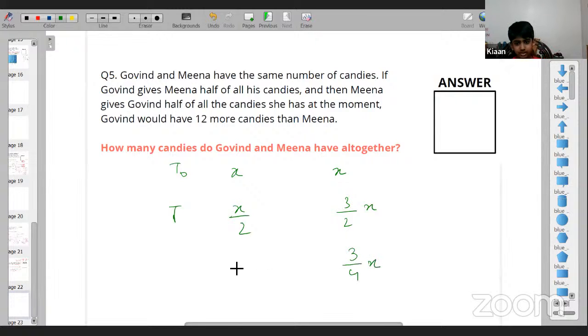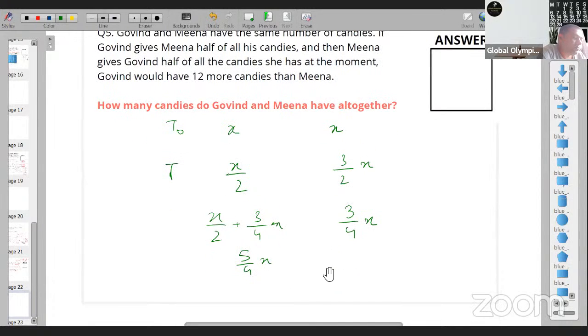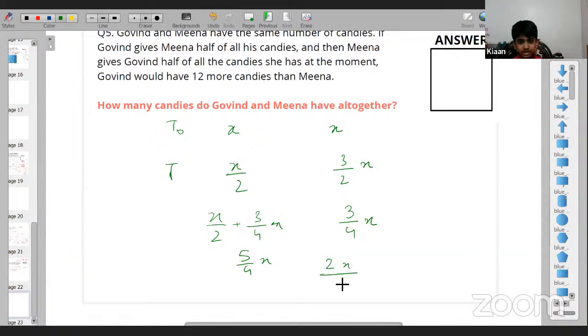And when she gives 3/4 of X, Govind's becomes 1/2 plus 3/4, which is 5/4 of X. So the difference of Govind and Meena's candies is 2/4 of X, which is half of X. So half of X is equal to 12.